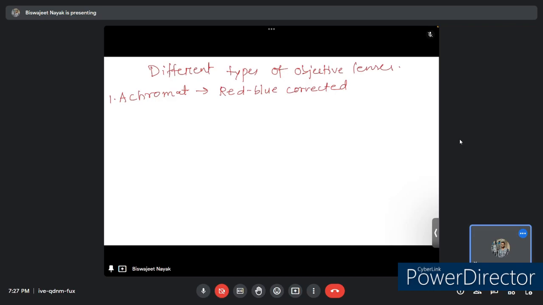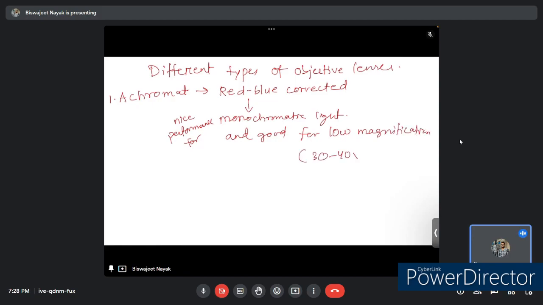This gives very nice performance for monochromatic light, and is good for low magnification, that is 30-40x or lower.